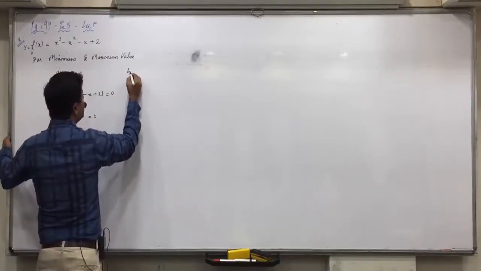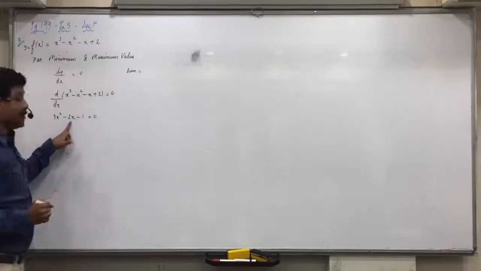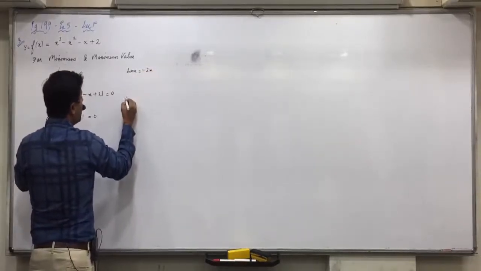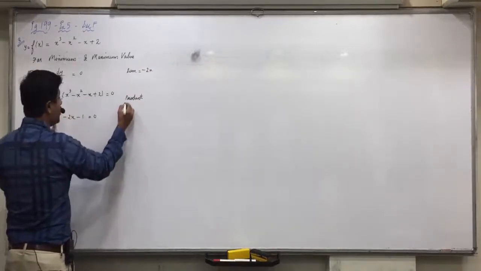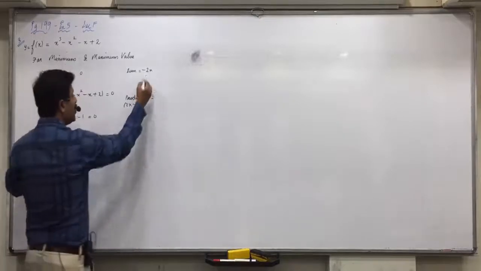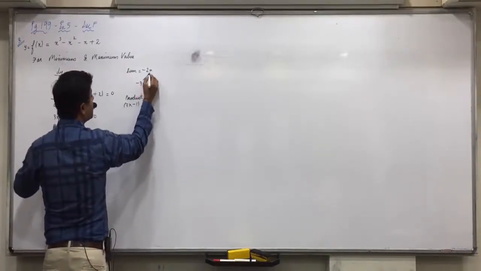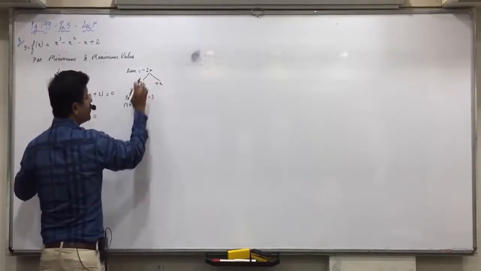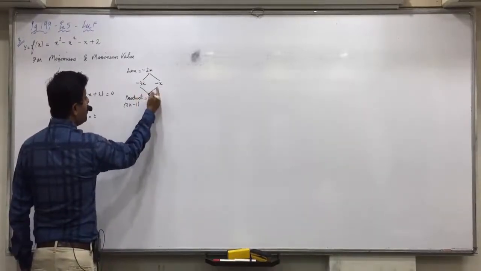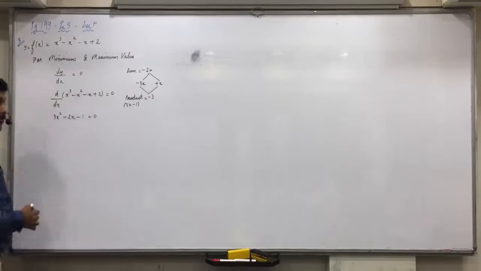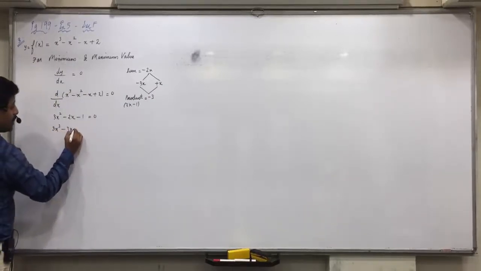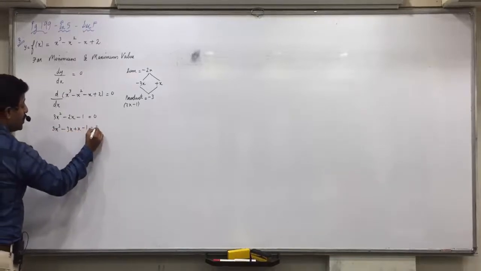Now, the sum of two numbers must be minus 2, and the product of two numbers must be 3 into minus 1, that is minus 3. So minus 3x plus x is minus 2, and minus 3 into plus 1 is minus 3. How will you split this 3x square? Minus 3x plus x minus 1 equals?